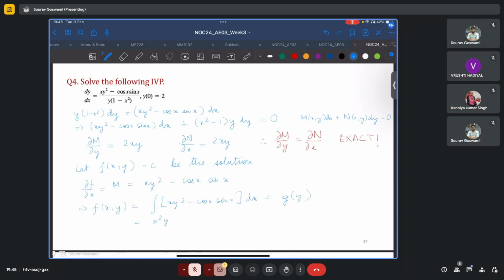This becomes x square y square by 2, and the second integral is a bit more involved, integral of cosine x sin x dx plus g of y.